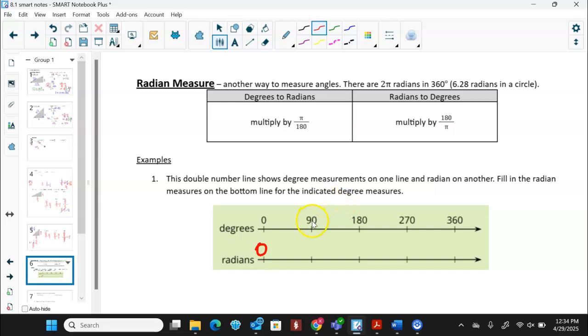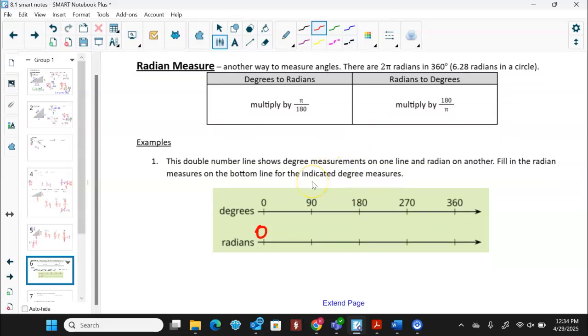So here, 90, if I want to convert it to radians, I'm going to do 90 over 1 times pi over 180, right? How do I know which one to pick, pi over 180 or 180 over pi? The way I look at it is I want the numbers to be able to simplify diagonally, or the pi's to be able to simplify diagonally.